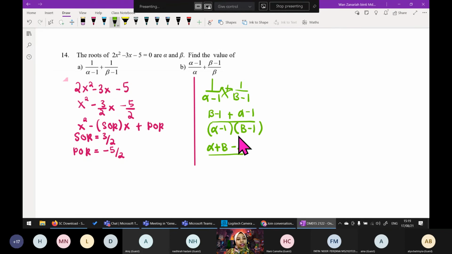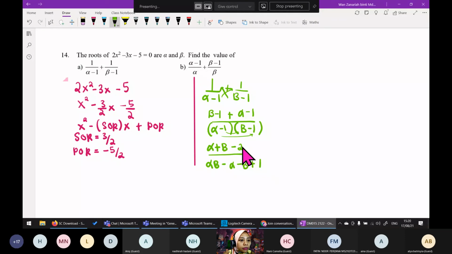Okay, ini sebenarnya apa ni? Alpha minus 1, beta minus 1 ni adalah alpha beta minus alpha, minus beta. Okay, you expand alpha beta minus, ini dengan ini alpha beta, and then ini dengan ini adalah minus alpha, and then this one minus beta, and then plus 1.